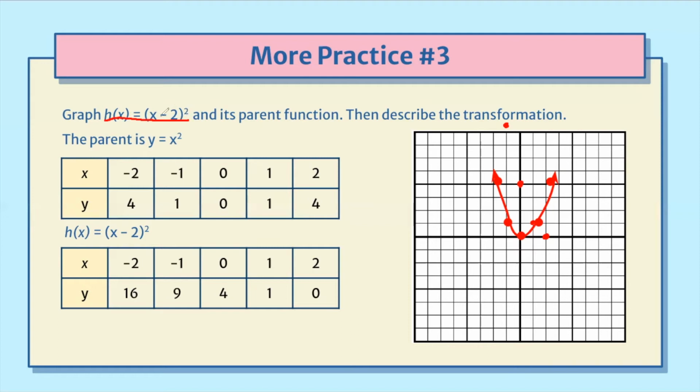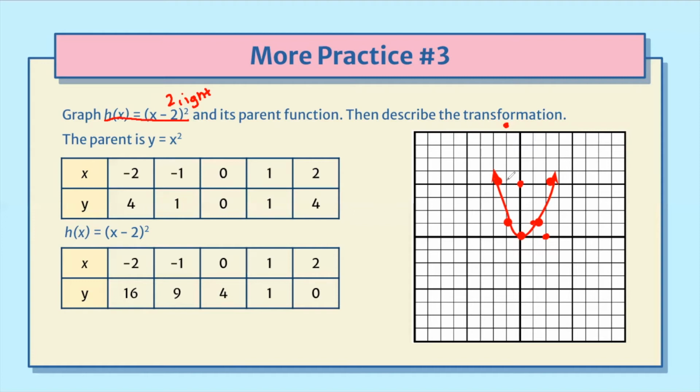Since there's a -2 inside the parentheses, we have to move the graph 2 units to the right, because everything in the parentheses is opposite of what we do outside of the parentheses. It looks like we have to move the graph to the left 2 units, but in actuality, we move the graph to the right.